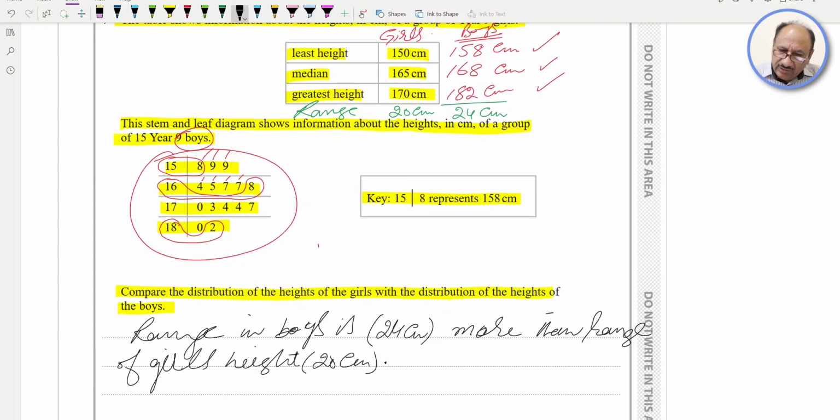So this is one thing which we have mentioned, and then we can compare the median also. Median in case of boys is also higher as compared to girls. So we can write the second point.